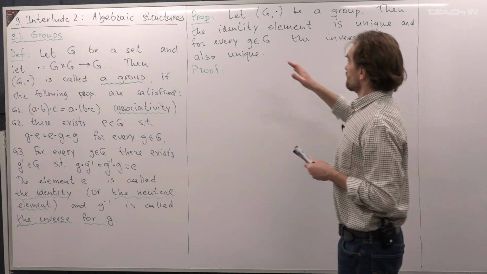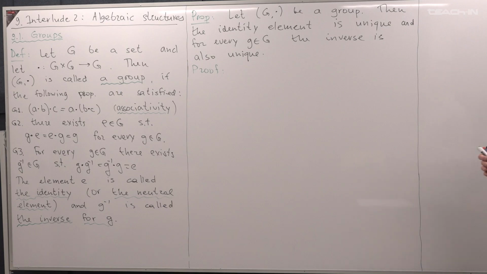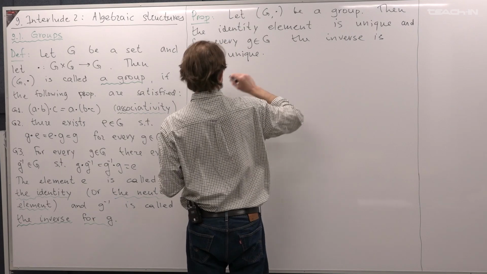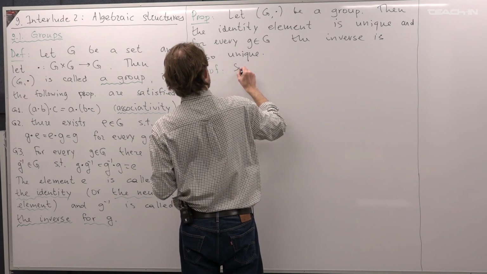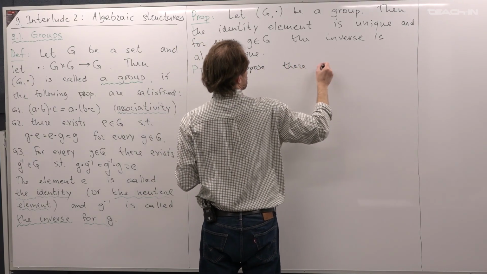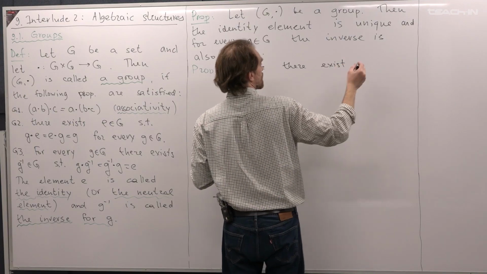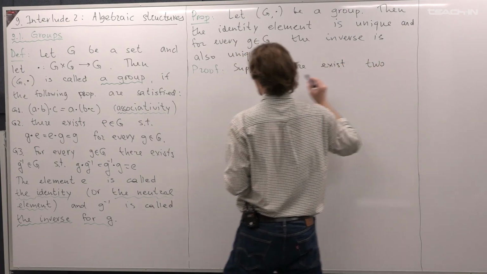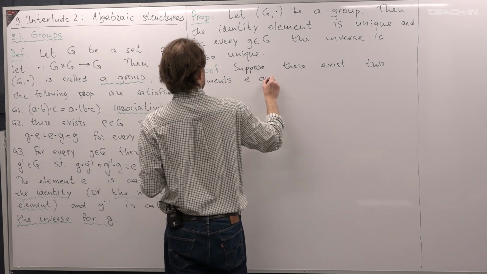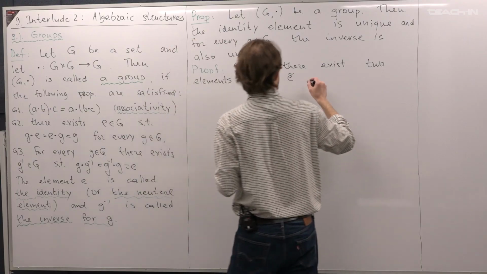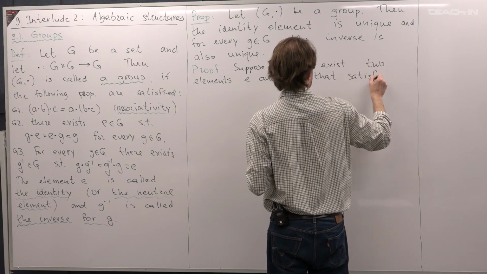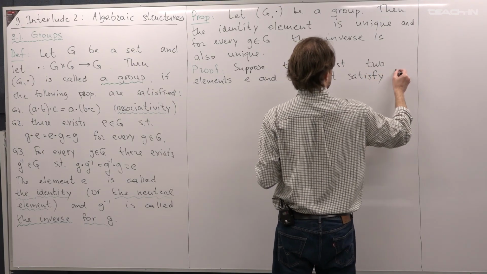So let us prove that the identity element is unique. So suppose there exist two elements E and E tilde that satisfy the property G2.